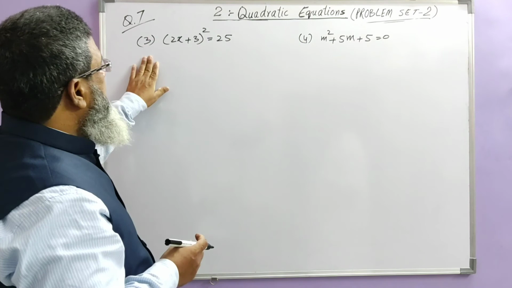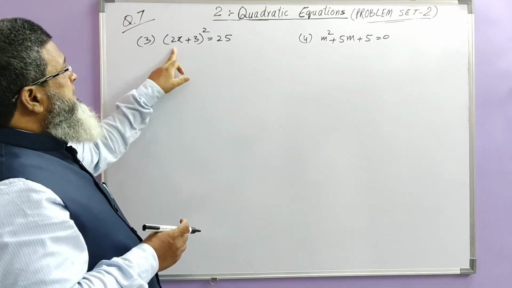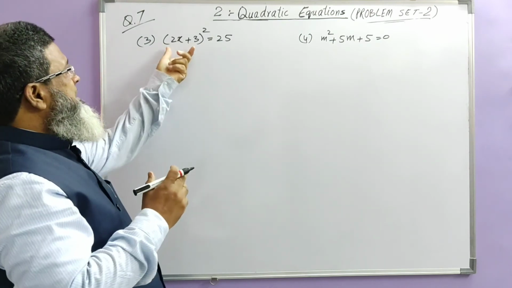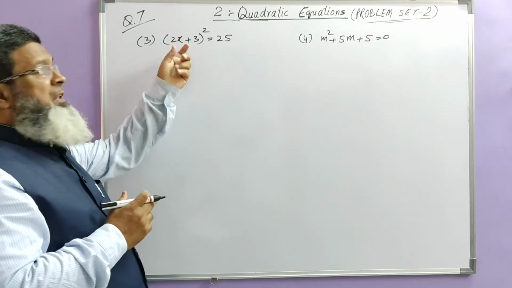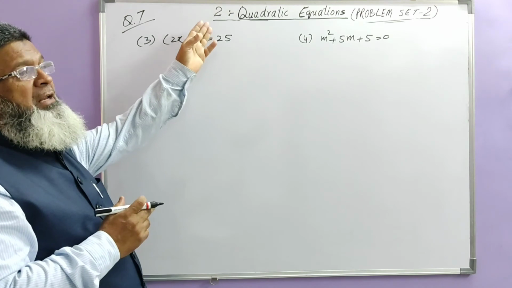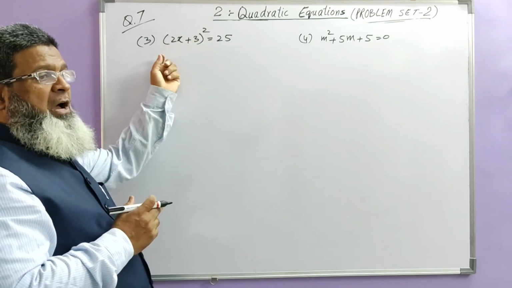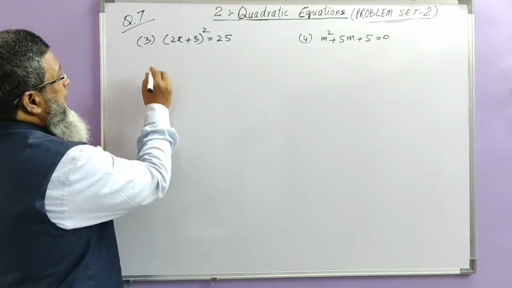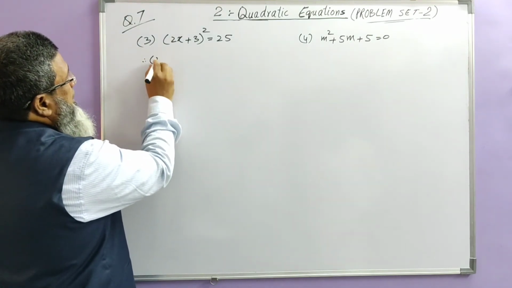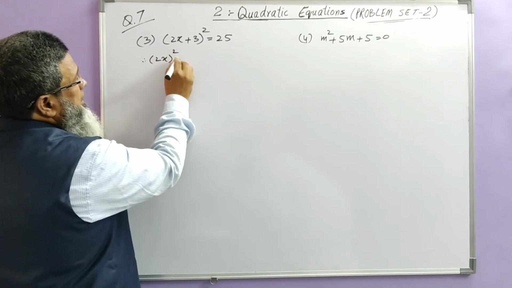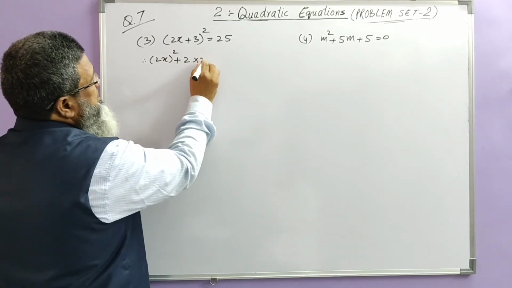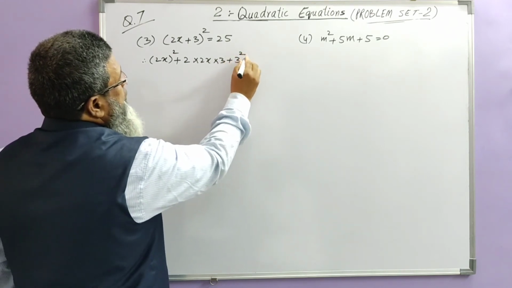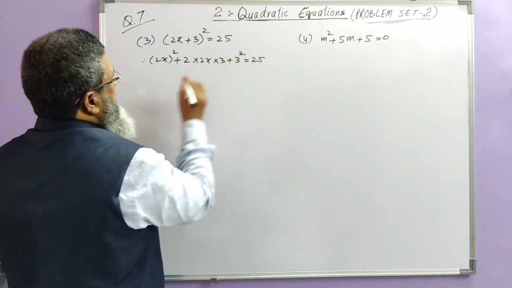In question number 3, 2x plus 3 whole square is equal to 25. Let's expand this with the formula, that is x plus y whole square means x square plus 2xy plus y square, means first element square plus 2 into first element into second element plus second element square is equal to 25.